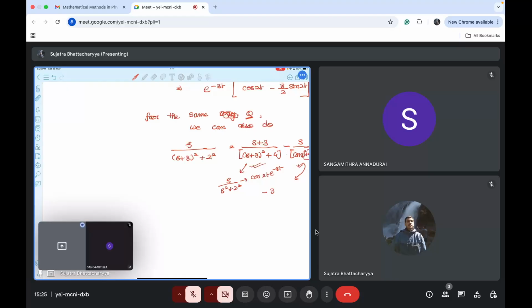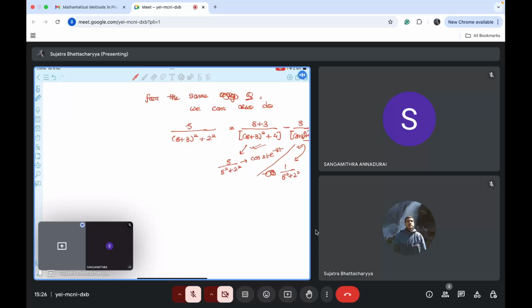And what you have to do is, I will show you. This one can be written as 1 upon s square plus 2 square. Okay. So what I will do is that the second part, minus 3 is there. I divide by 2. I also multiply by 2. So 2 upon (s plus 3) whole square plus 2 square. Now look at this. This is corresponding to the sine.